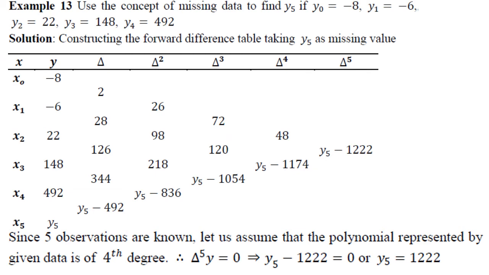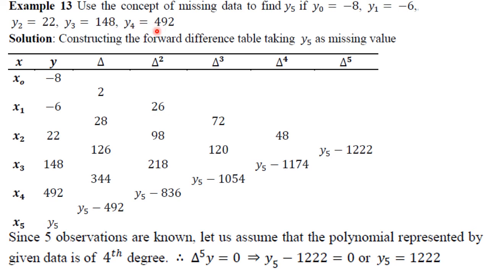So students, here it says this is the example. Use the concept of missing data to find y5 if y naught is equal to -8, y1 is equal to -6, y2 is equal to 22, y3 is equal to 148, and y4 is equal to 492.